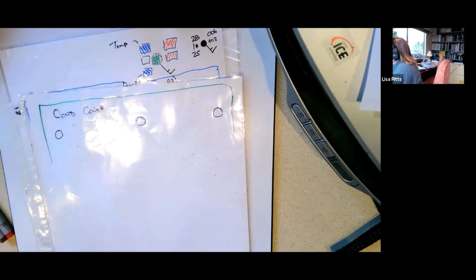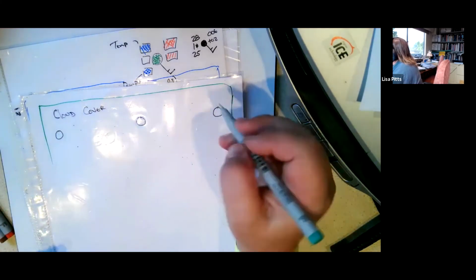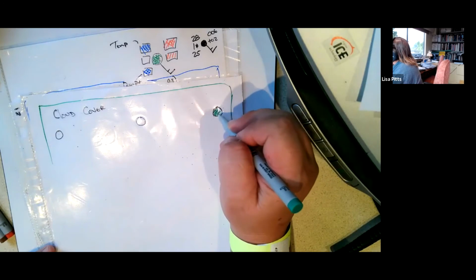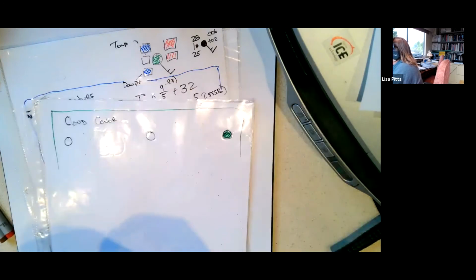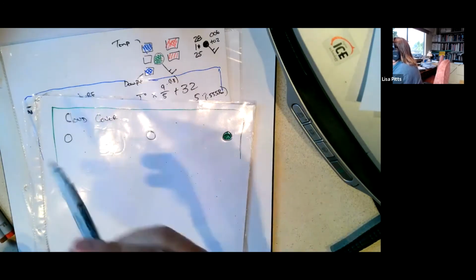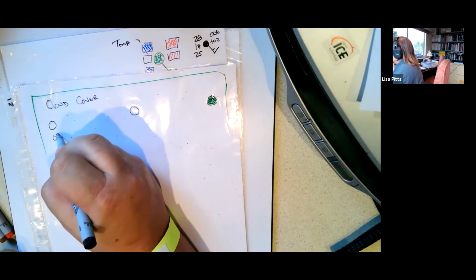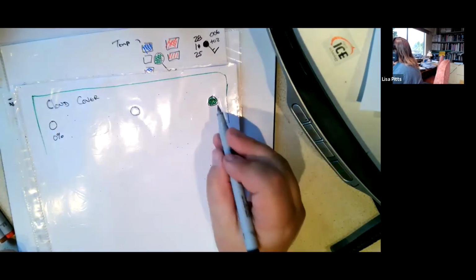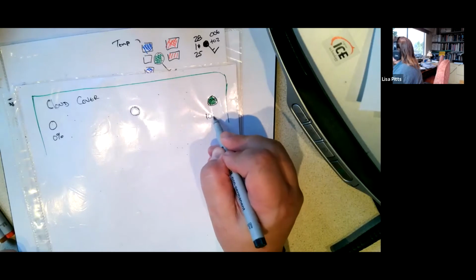So it's either going to be clear or it could be all colored in. So this would mean it's really, really clear. 0% of the sky is covered in clouds. Here, it would mean 100% of the sky is covered in clouds.